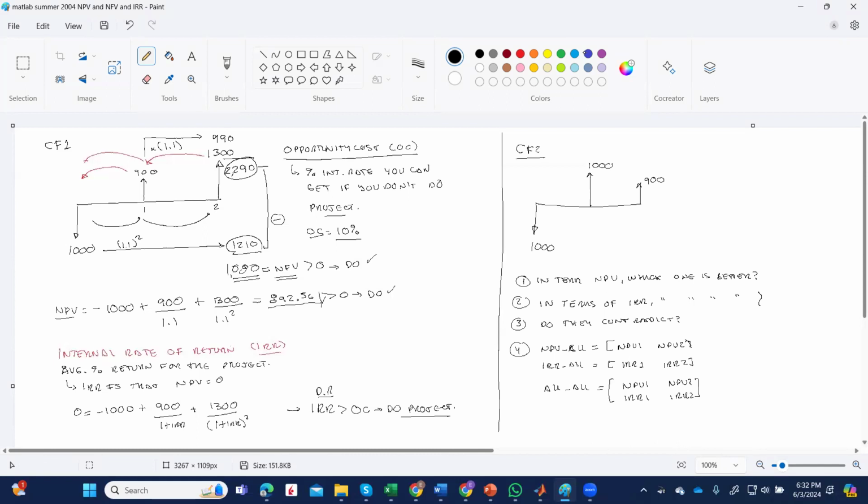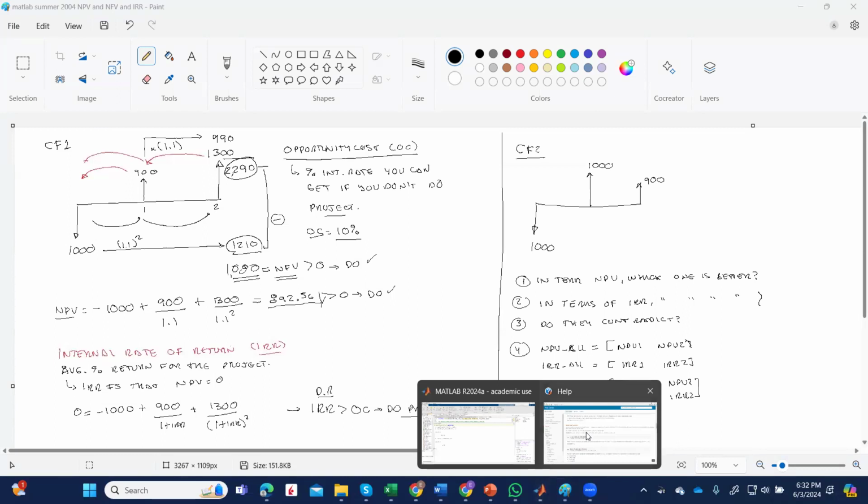Could you go back to the MATLAB code? Yes, of course. Where is it, here we go.